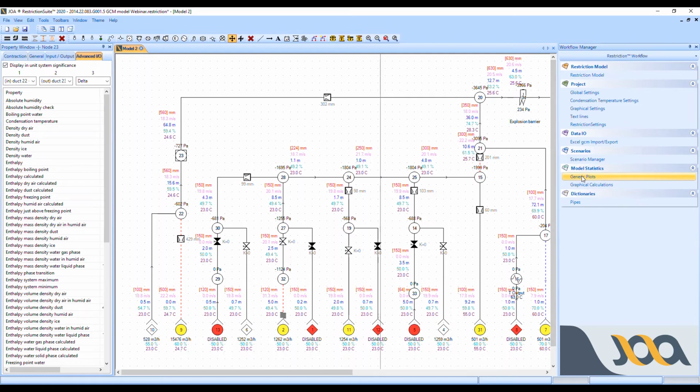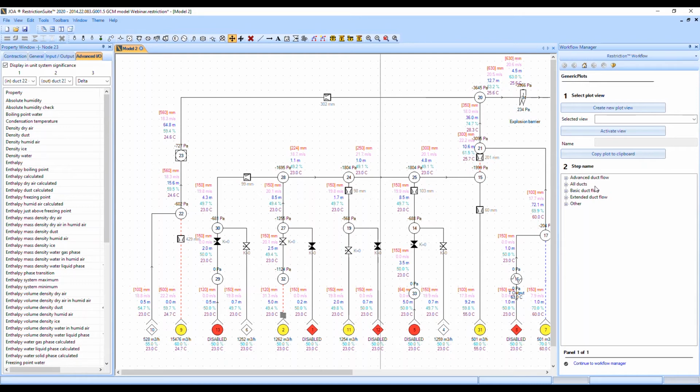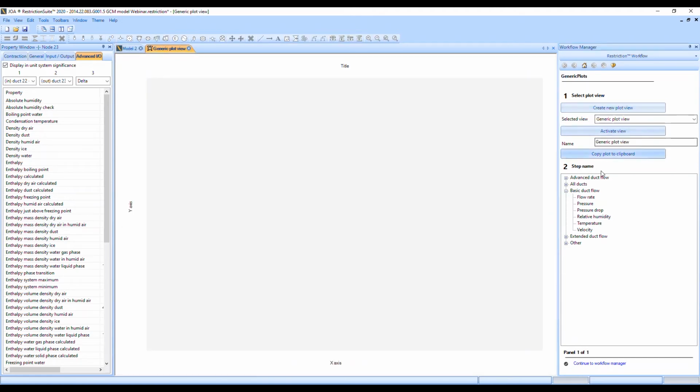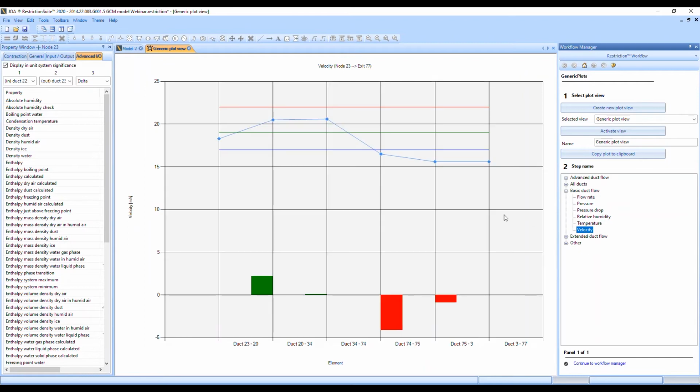And now, if you would like to have a little bit more insight, we can, for example, also create graphs of the system. Now we're just selecting one position where we will be showing the velocity throughout the system. And what you see here is that the velocities in the different pipe sections are nicely within the critical velocity range.